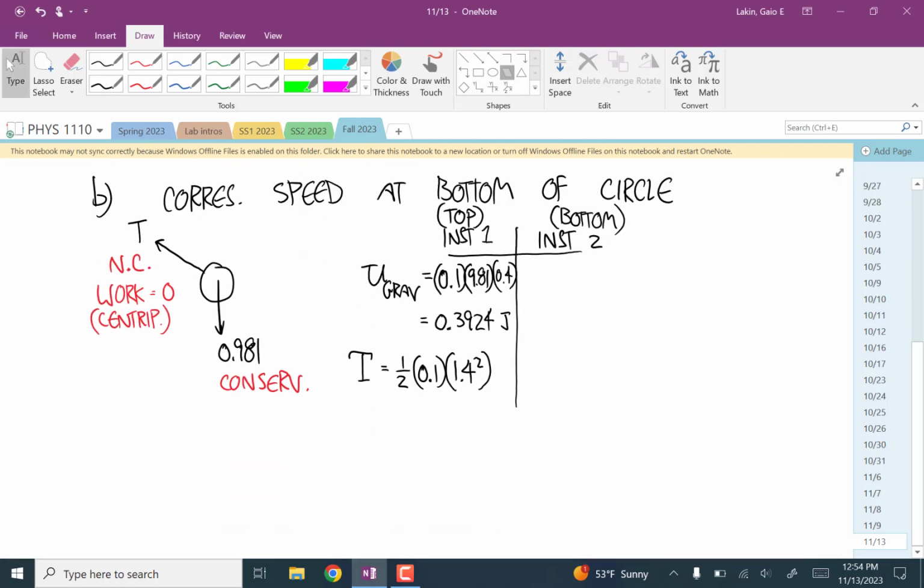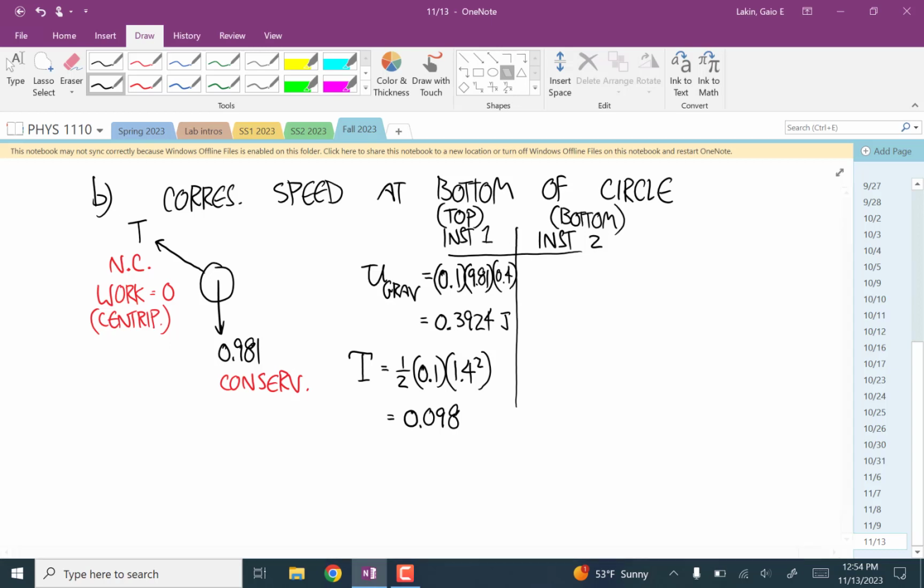So we have 0.1962, I think this is 0.0981. Can someone calculate that? Yep, it's equal.